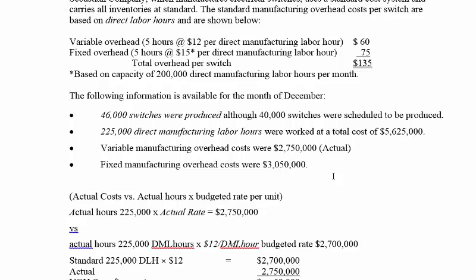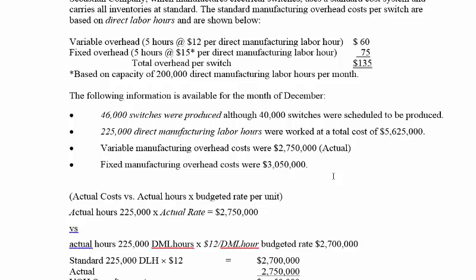225,000 direct manufacturing labor hours were worked. Okay, so that's our actual labor hours, 225,000 total were worked, with a total cost of $5,625,000. Therefore, that $5,625,000 is our total cost for those labor hours.